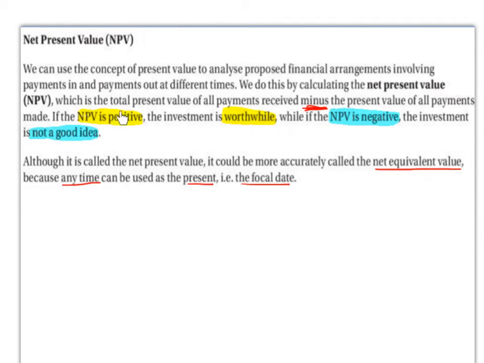If the NPV is positive, then the investment is worthwhile, while if the NPV is negative, the investment is not a good idea. Although it is called the net present value, it could more accurately be called the net equivalent value, because any time can be used as the present, i.e. the focal date. So it doesn't have to actually be the present date that we're dealing with.